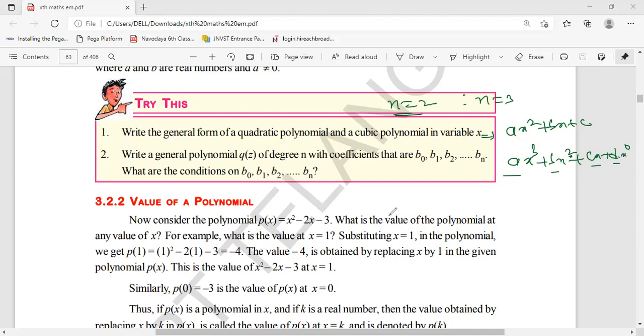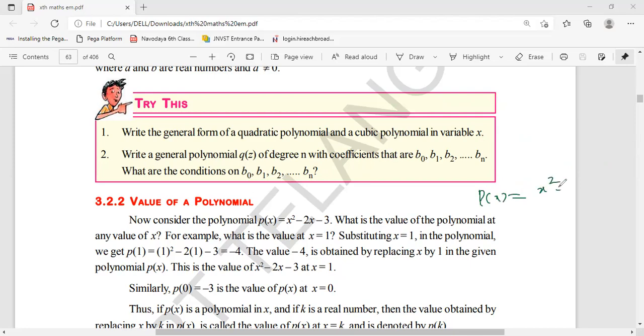Next, value of the polynomial. Value of the polynomial and zero of the polynomial are a little bit similar. Value of the polynomial means, if p of x is equal to x square plus 2x plus 3, suppose x is equal to minus 2. Then p of minus 2 is equal to minus 2 square plus 2 of minus 2 plus 3.